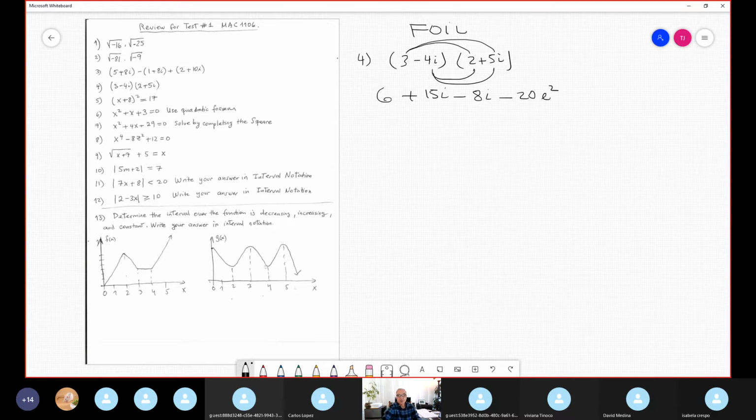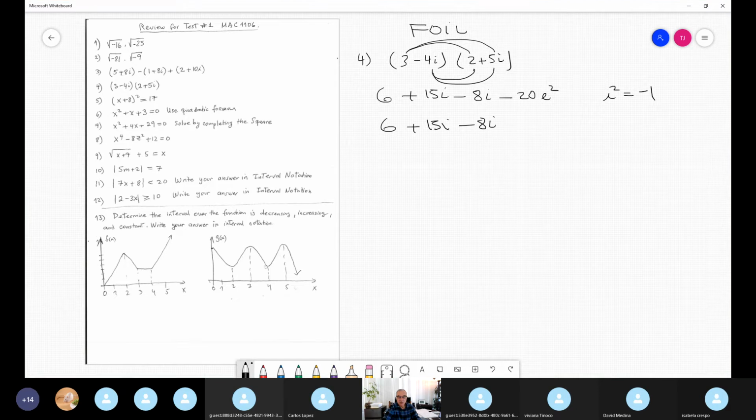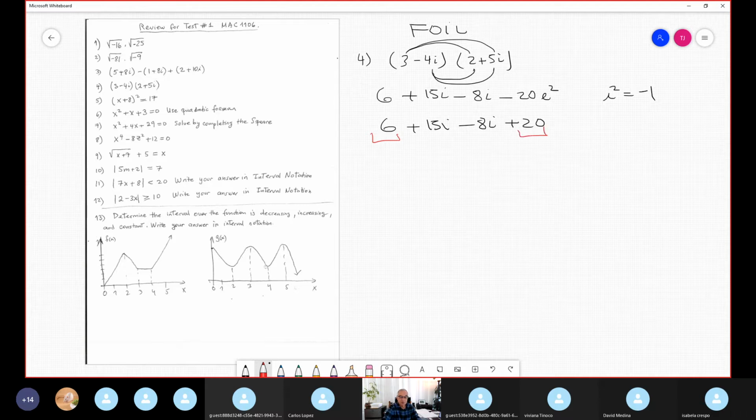One more time, we have a square. Yeah, I know that i squared is negative 1. Entonces double negative, the negative of the i inside here, and another negative become positive. 6 plus 15i minus 8i plus 20. We combine real, 26.